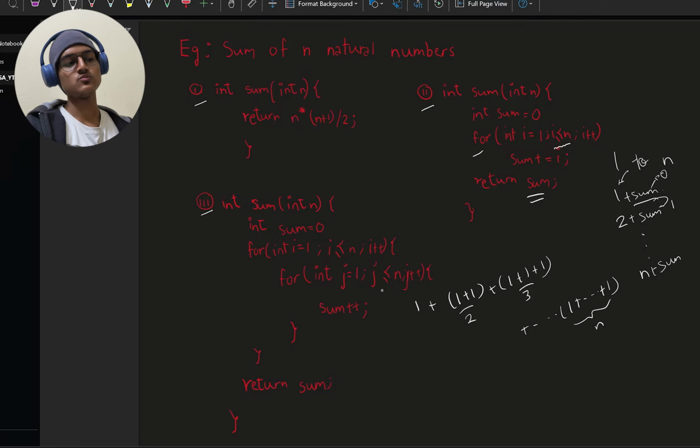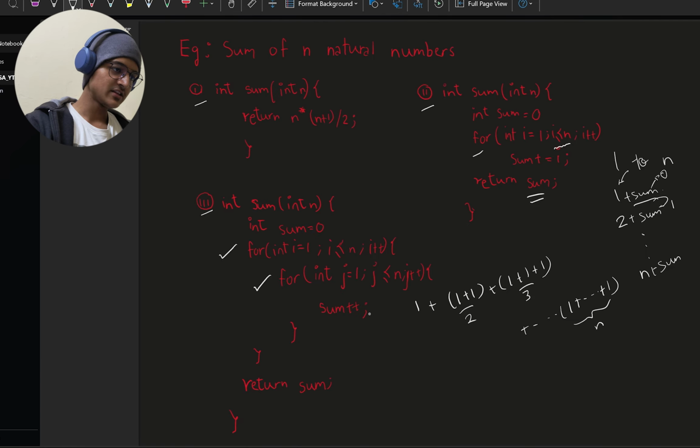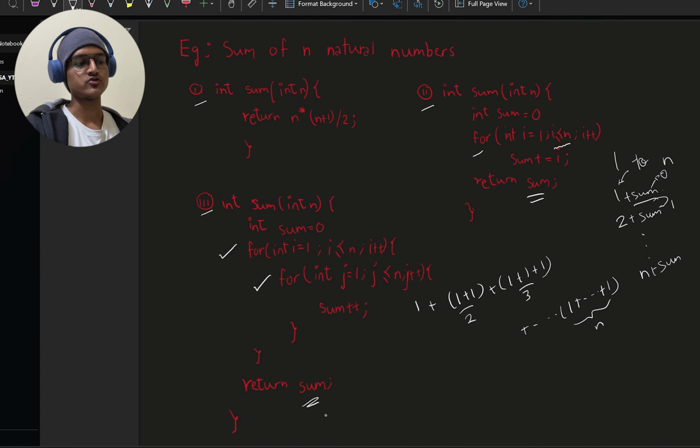So this method is more complex. It uses two for loops called a nested loop, which is a loop inside a loop, and it uses this to just increment the sum values so that it keeps on adding ones to itself. This method at the end again returns the value of sum as an output to the user.